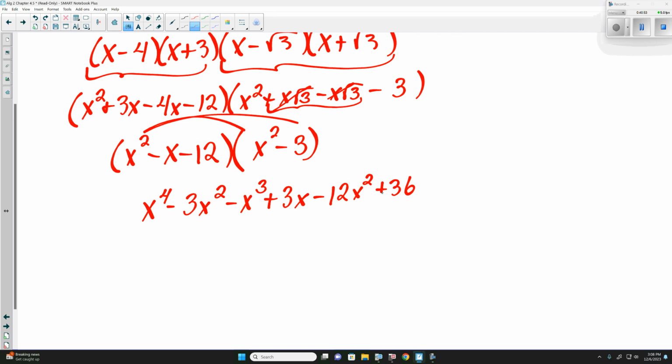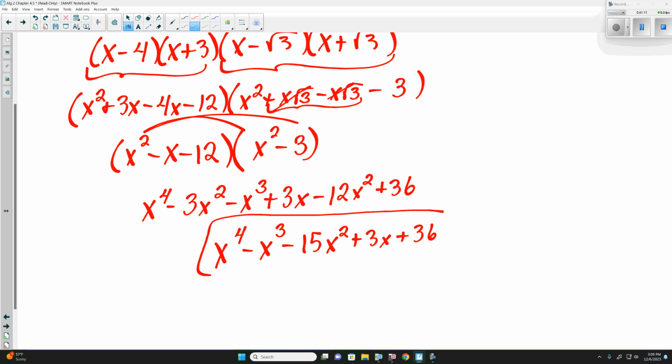And negative 12 times negative 3 is plus 36. When we combine like terms, we'd have x to the 4th minus x cubed minus 15x squared plus 3x plus 36. And that's the final answer.